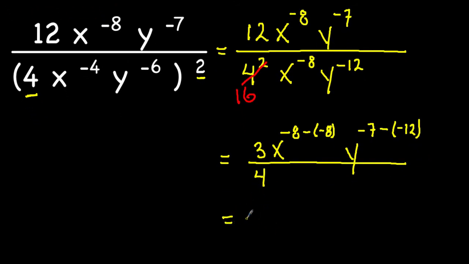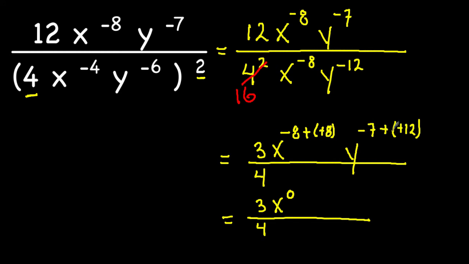Let's simplify that. 3 over 4, that's in simplest form. What's x raised to the negative 8 minus negative 8? Well, that's the same as plus negative 8. So we have x to the 0 power. Here we have y. Negative 7 minus negative 12 is the same as plus 12.